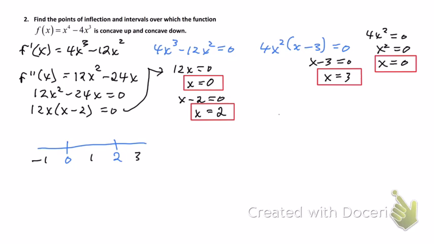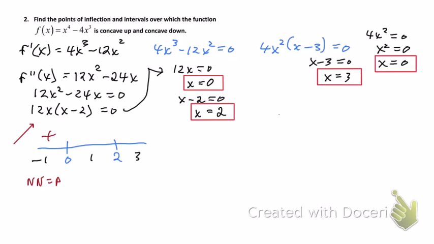So now when I start putting those into my second derivative, if I've got a -1, then I've got -12 times -3, so that's going to be what? Positive. So I know the concavity is up, right? And then I'm going to do the same thing with a 1.